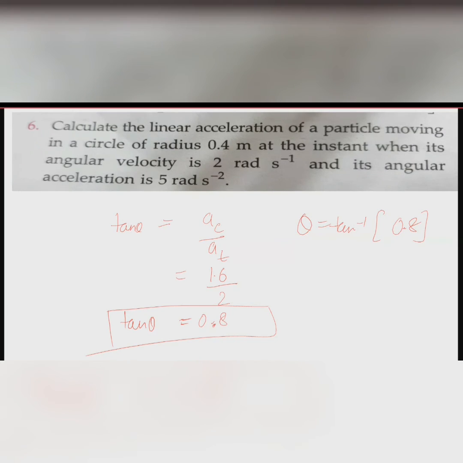So next we have, I'll write it down, a threaded rod with 12 turns per centimeter and diameter 1.18 centimeter is mounted horizontally.